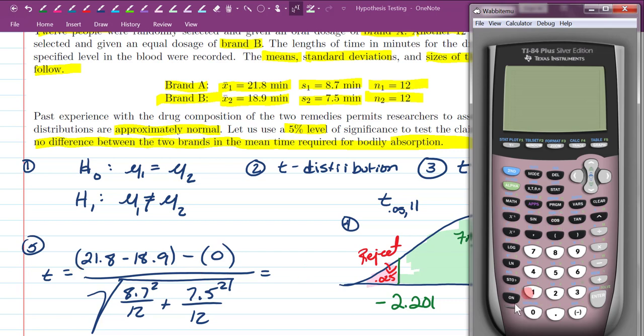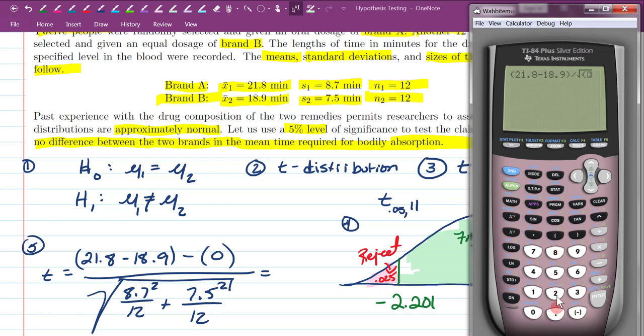Turn our calculator on, clear it out, and we're going to start with the parentheses to capture the numerator. So 21.8 minus 18.9, close parentheses, divided by square root, and then we're going to open parentheses.